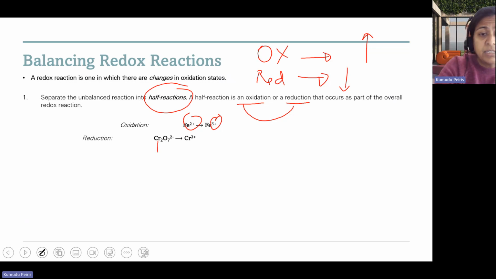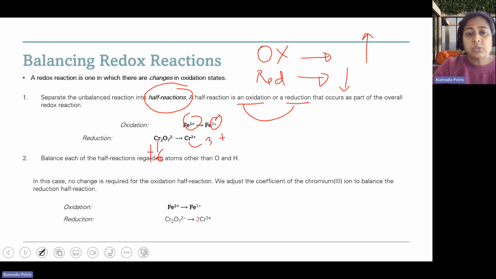In dichromate ions, the chromium is in the +6 oxidation state, and in the product it was reduced to +3. So that's the reduction.